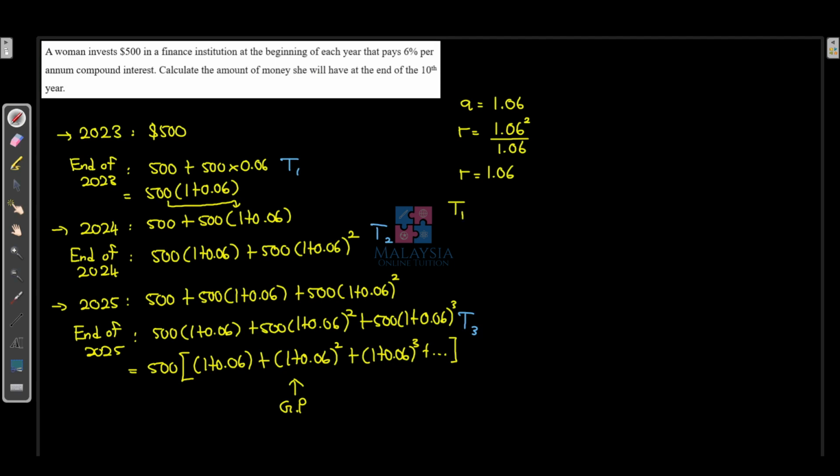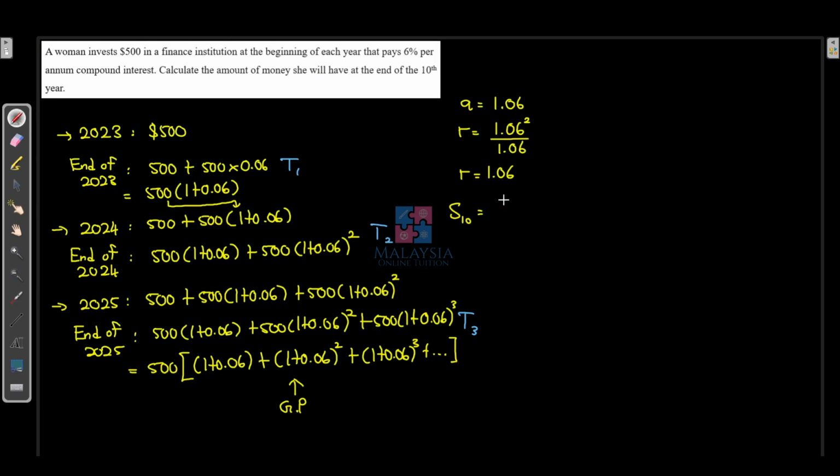Sorry, not T10. We want the total, right? So S10. And after we get the S10, don't forget we have the thing inside the bracket. So if we want the amount of money that she will have at the end of the 10th year, you have to multiply by 500.